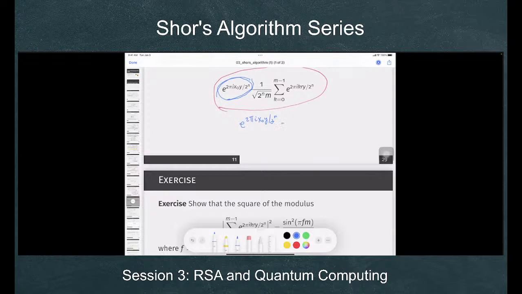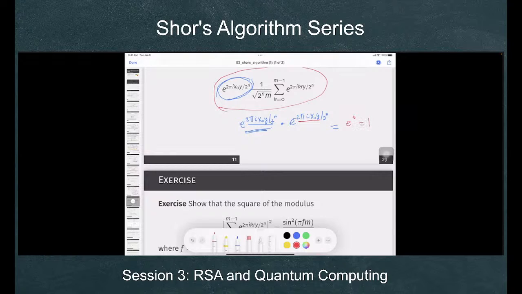The complex conjugate is e to the negative 2 pi i x0 y over 2 to the n. By the law of exponents, this thing minus this thing is e to the 0, which is equal to 1. That's why it disappeared.